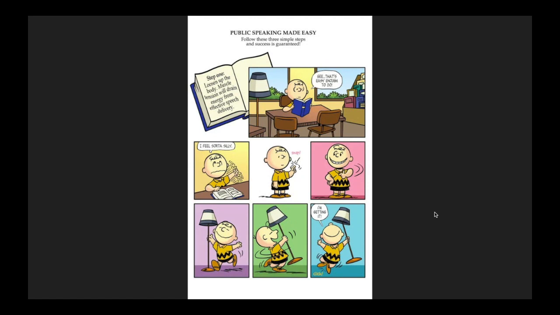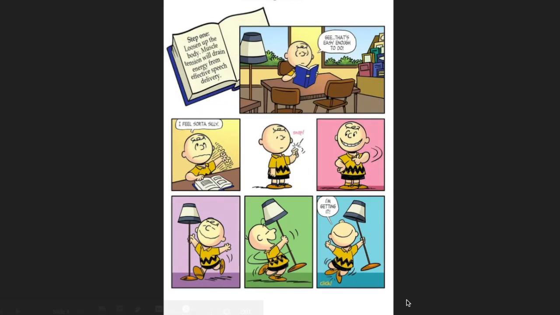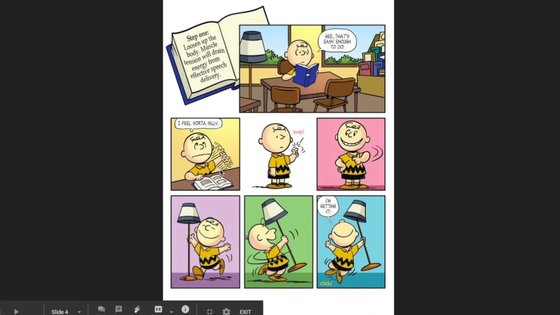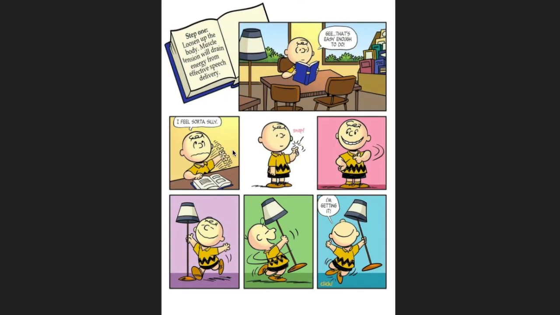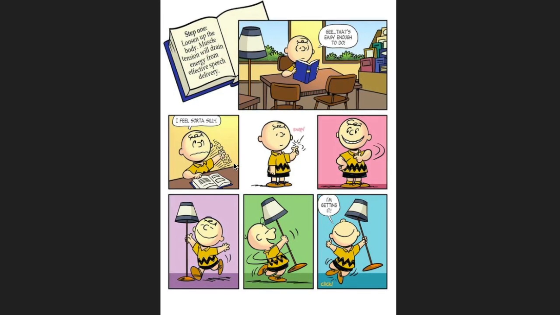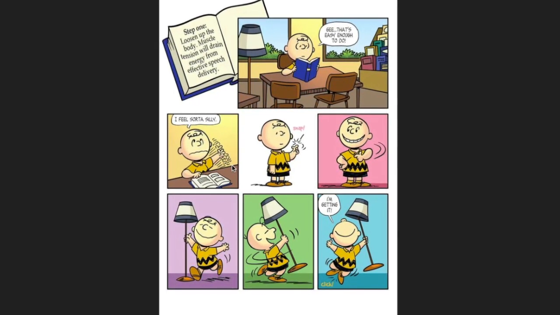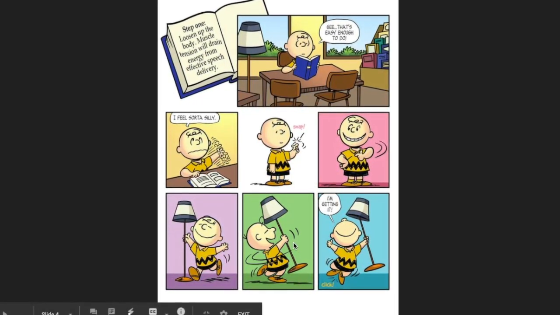And Charlie Brown is taking a look at a book, and we sort of see him moving many different ways in these 6 bottom boxes. We see his arm waving around, right? How did the artist manage to show us that his arm was moving around? We see him dancing with a lamp.